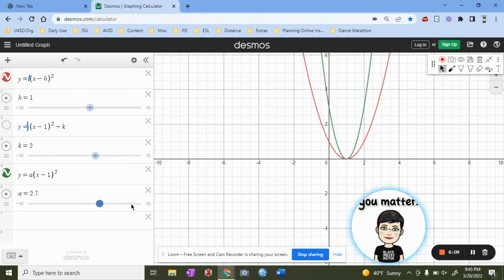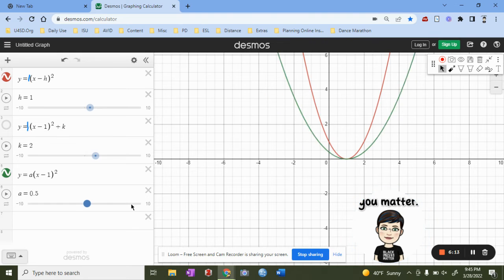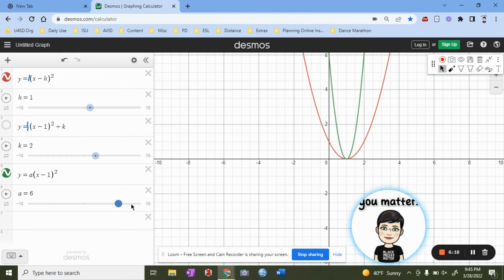Okay, so that a value will widen or narrow my graph. It can also change the direction. If my a value is negative, it's going to cause that parabola to open downward, or to create a hill instead of a valley. Okay?